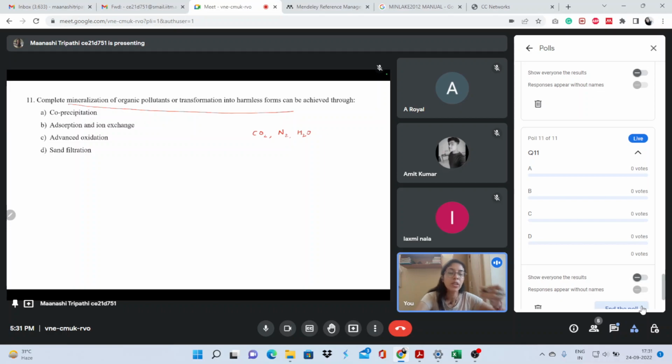We want to convert all these organic compounds into these forms. So how can this be achieved? Co-precipitation, adsorption, advanced oxidation, or sand filtration. Try to answer this question.